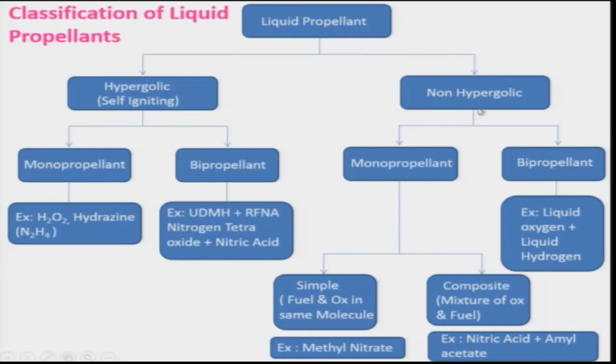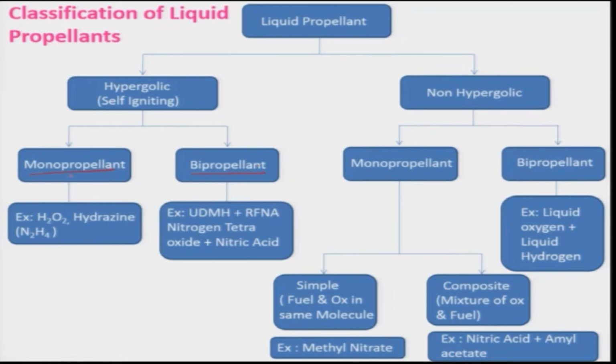Whereas, non-hypergolic propellant is one in which one has to provide the requisite ignition energy, so that initiation of combustion of the propellant can really take place. And hypergolic propellant is again divided into two categories. One is monopropellant, mono means single, right, and bipropellant means two propellants will be used.